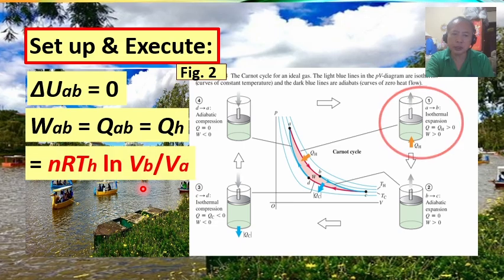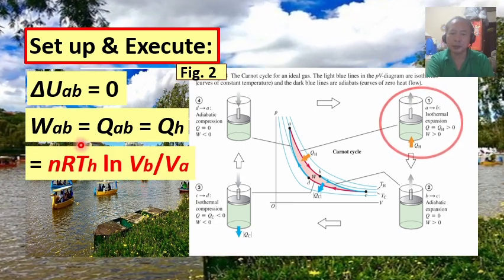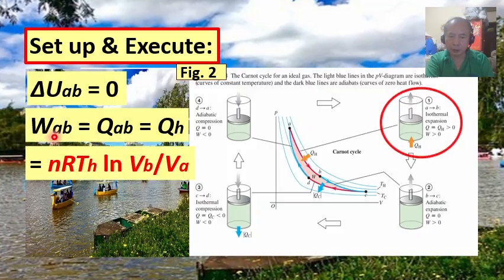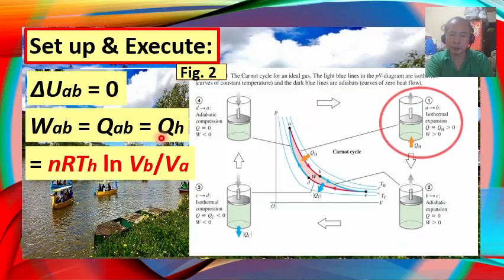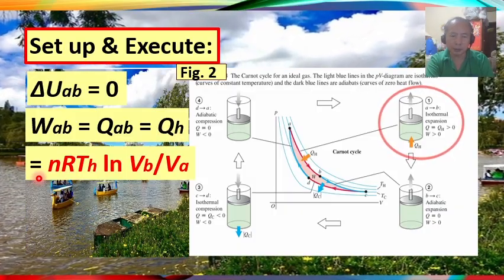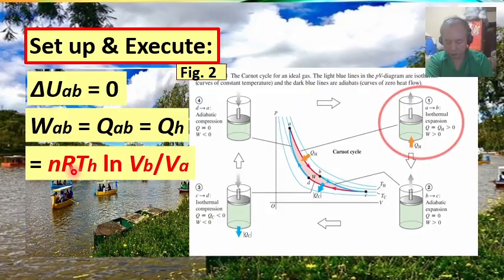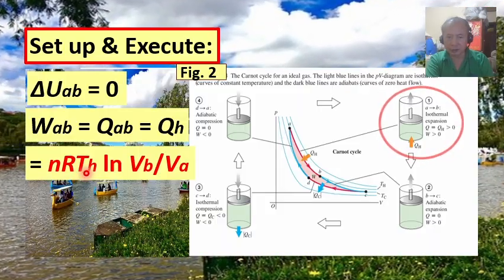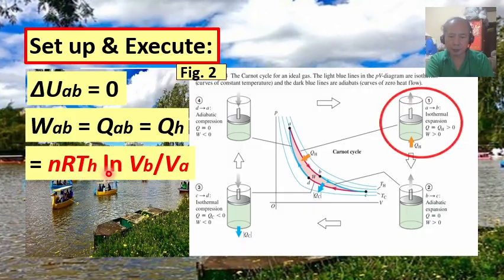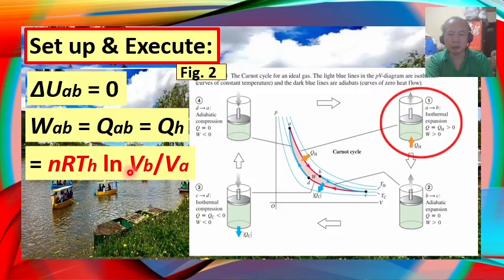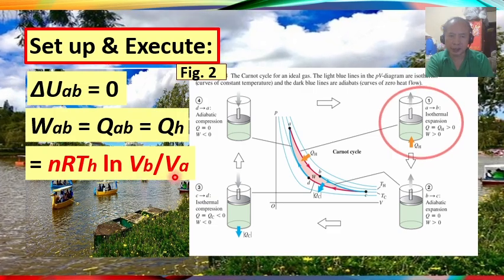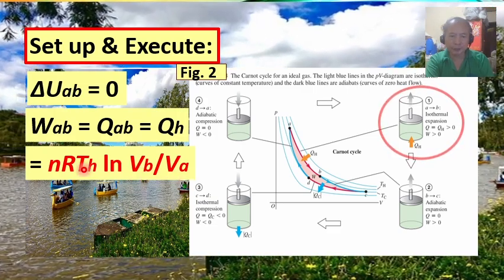And using the derived equation for determining either the work done, W sub AB, or the heat absorbed, Q sub H, equal to small n, or the number of moles of the gas, times the universal gas constant big R, and the constant temperature capital T sub H, multiplied by the natural log of the ratio of the final volume, V sub B, over the initial volume, V sub A. Okay?